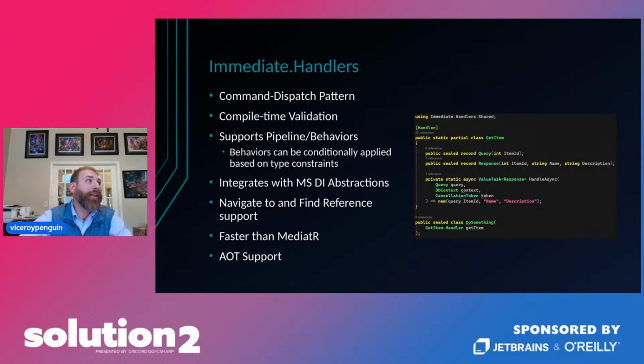The biggest difference is that instead of relying on a single IMediator interface that everything goes to, where you have this layer of separation between the caller and the callee, now you have a direct connection. As you can see on the right here, we have our code. We're creating a get item handler.